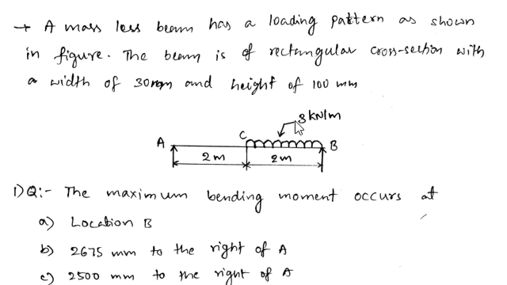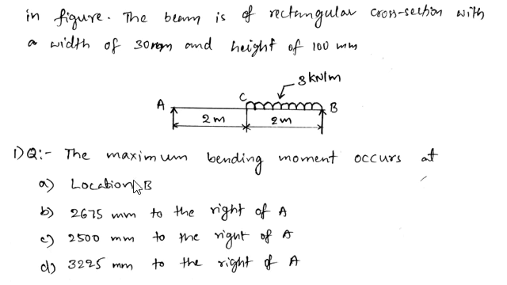The question asks where the maximum bending moment occurs: at location B, at the middle point, or at some point at different locations from point A. So we have to find the location of maximum bending moment for this case.